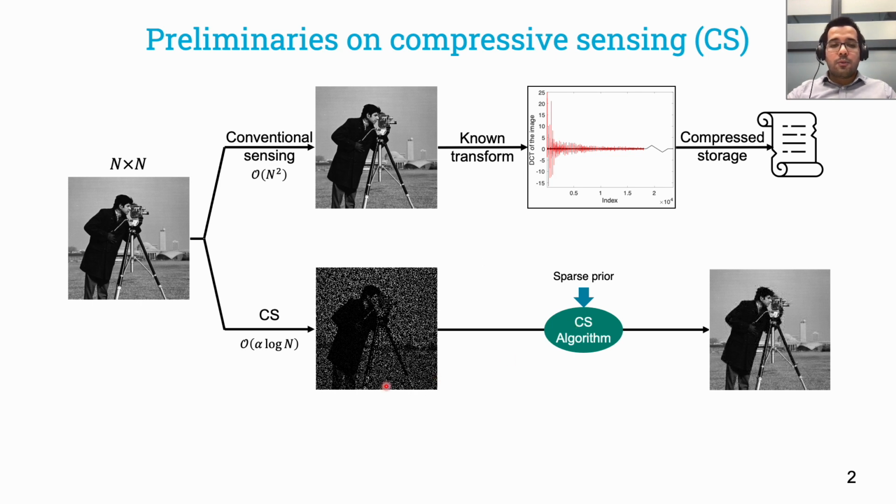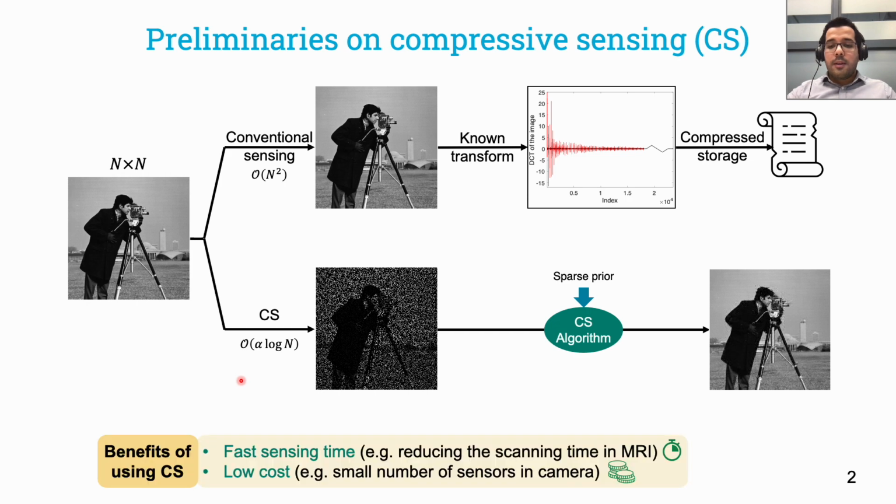So with about an order of log n number of measurements, we can get similar performance as what we get with traditional or conventional methods. This means that with compressive sensing, we can save a lot in terms of sensing time, as well as the cost of the hardware. Today, our focus will be more on optimizing the way we sense the signal of interest for a wireless application and less on the CS algorithm for recovery.